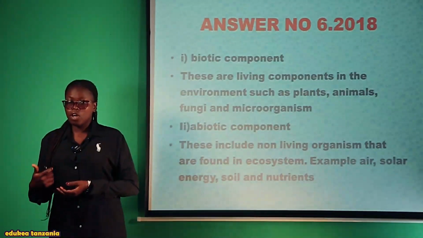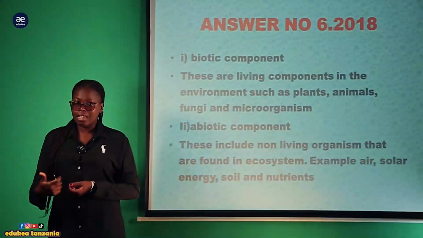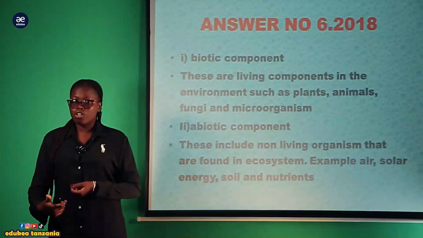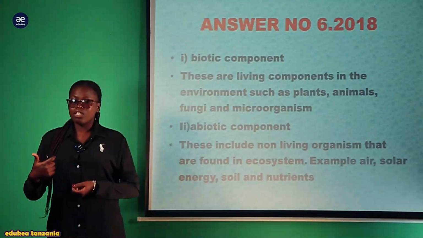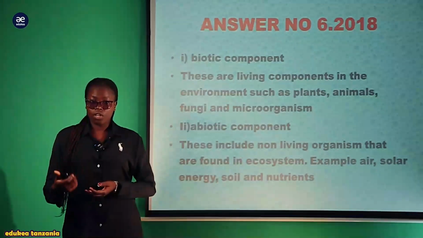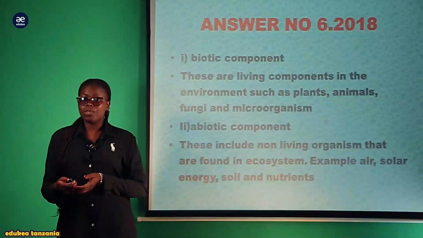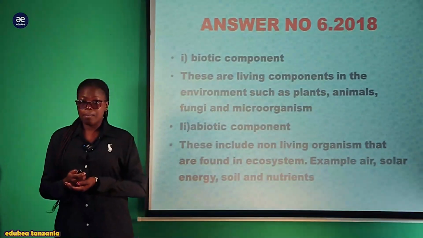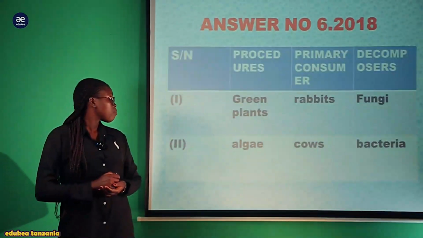So the non-living or abiotic components are the non-living components found in the natural unit, which consists also of living components. So in an ecosystem, we have both biotic and abiotic components.